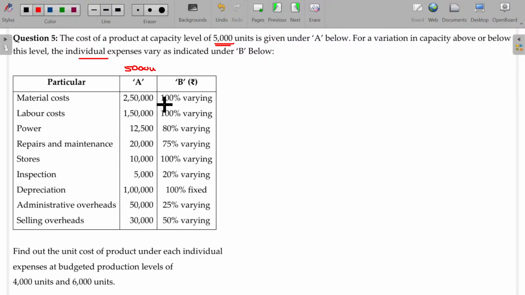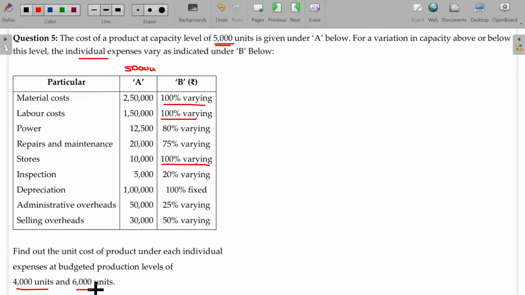So, material cost, labor, and stores depreciations, these three are 100% variable. Find out the unit cost of the product under each individual expense at budgeted production level of 4,000 units and 6,000. So you have to calculate for 4,000 as well as 6,000.